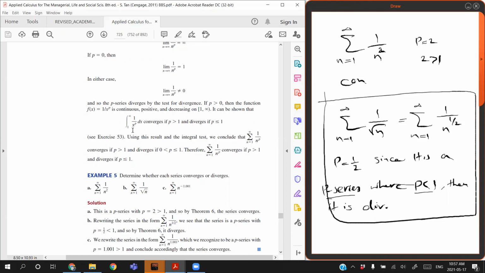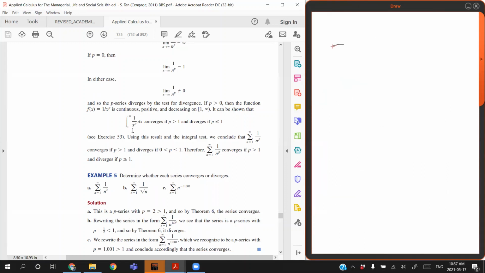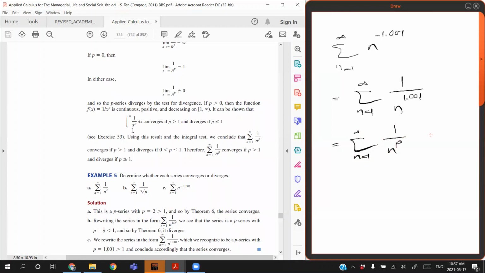Another example, part C, sigma n from 1 to infinity n to the power of negative 1.001. This is sigma n from 1 to infinity of 1 over n to the power of 1.001. You can see that this is a P series now because it follows the form 1 over n to the power of P, where P is 1.001.